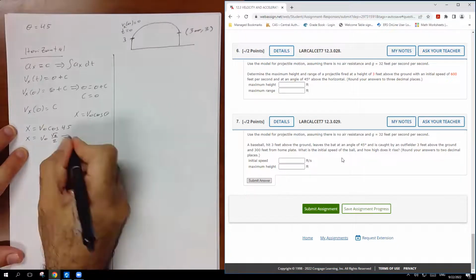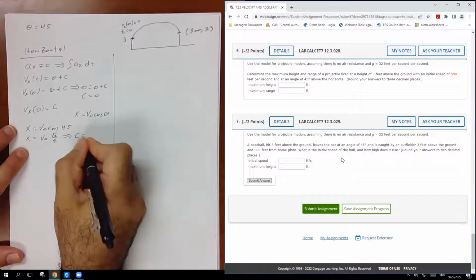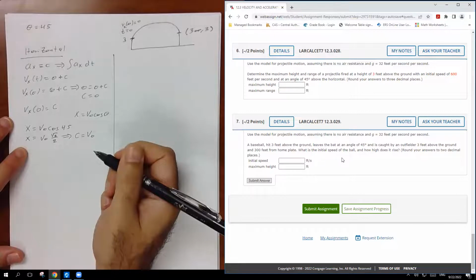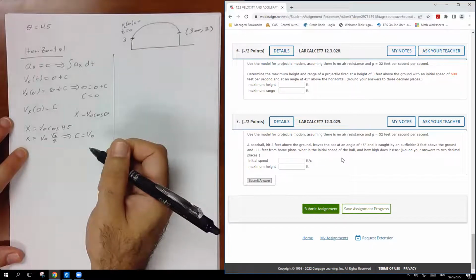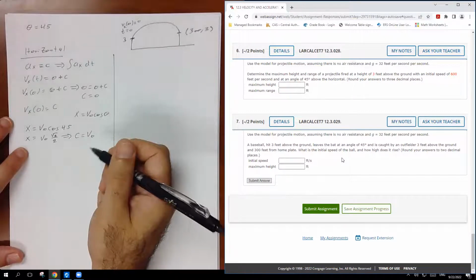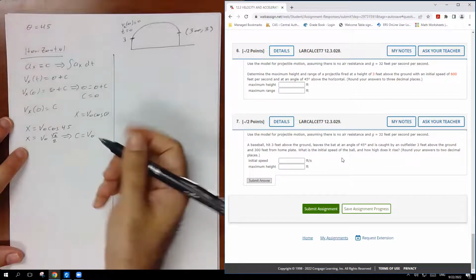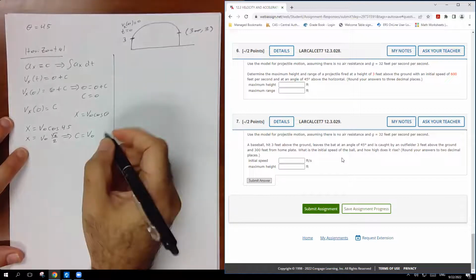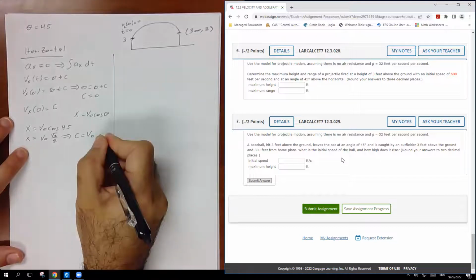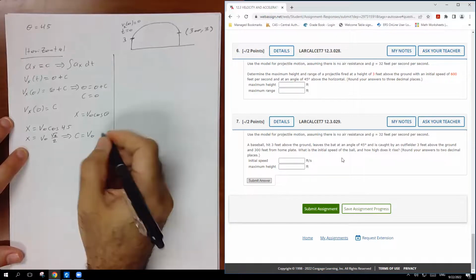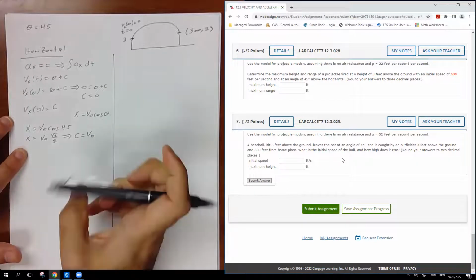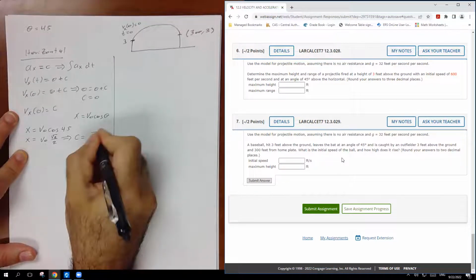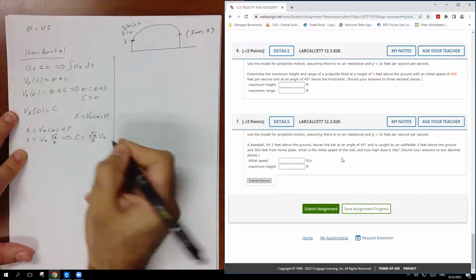That means c is going to be equal to v naught, which is like a variable. We can say this is the initial velocity. That's where we find the initial velocity with respect to c. And this c equals v naught cosine, which is square root of 2 over 2 v naught.